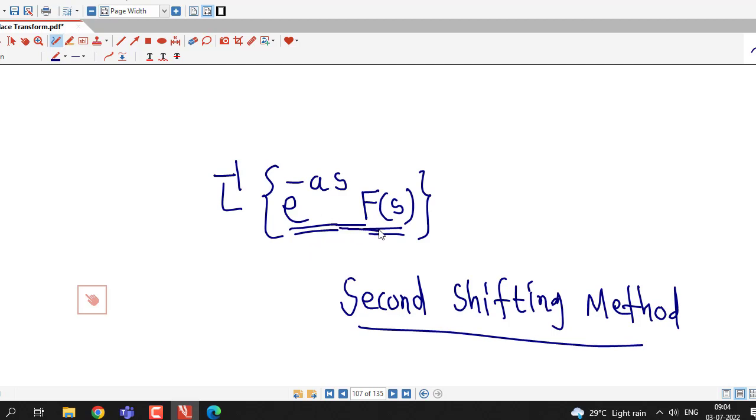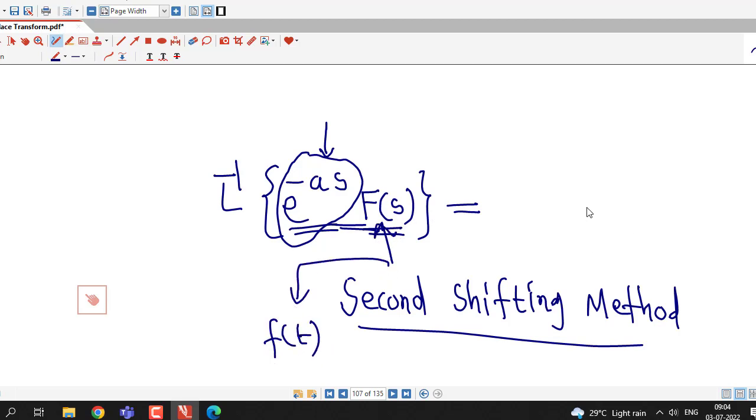So you must apply the second shifting theorem whenever you are given a function in which e raised to minus as is in the product. So for that, first obtain the inverse Laplace transform of the function which is in the product, and then replace t by t minus a in that function and multiply it with the unit step function at point a.